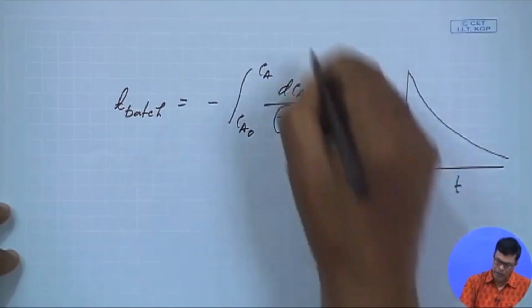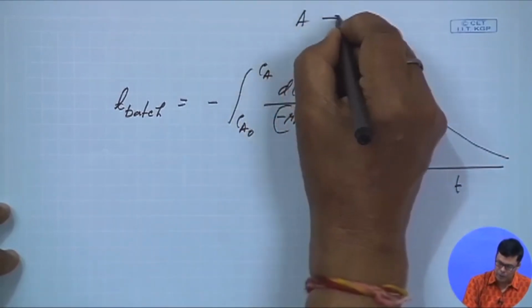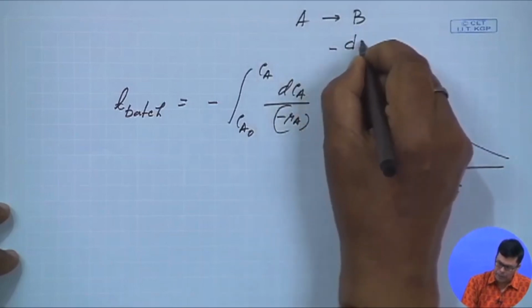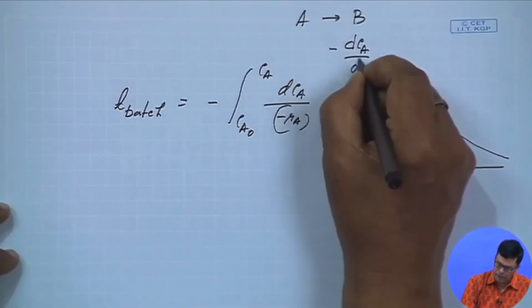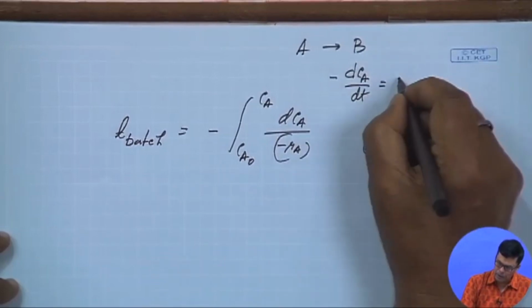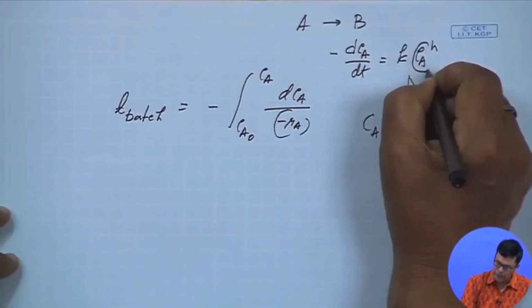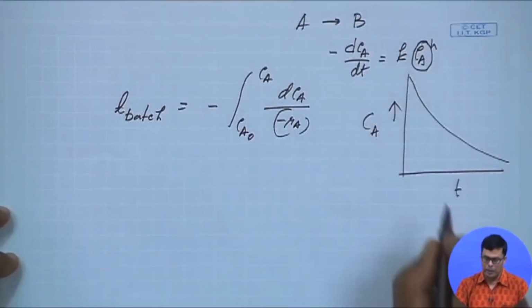Now we have seen that when A is converted to B, the rate of reaction is minus Ra equal to K into Ca to the power n. That means it depends on the concentration of A, Ca.